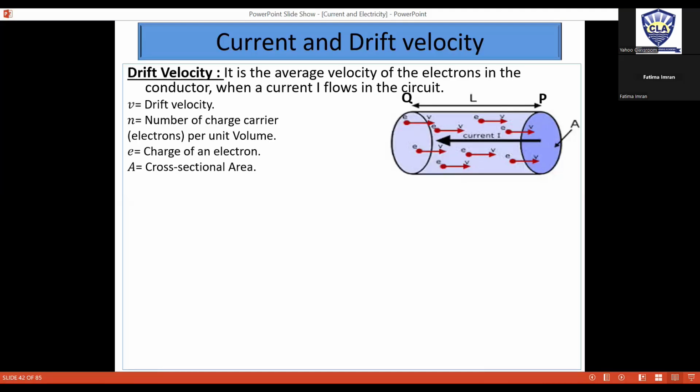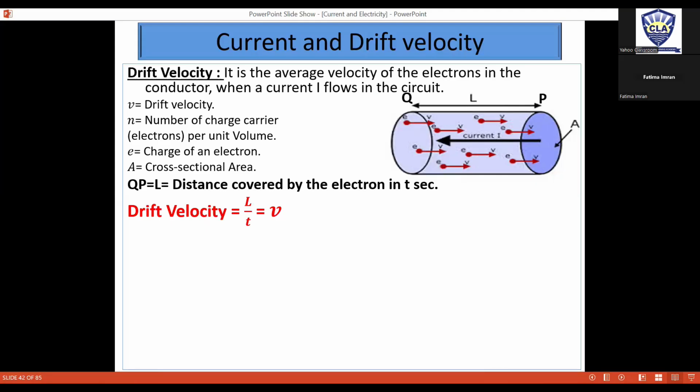Then the value of the drift velocity will be L over T. Distance covered by electron in T seconds is L. So this electron will move to this side and cover in T seconds.